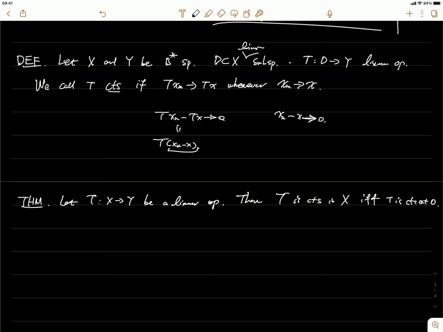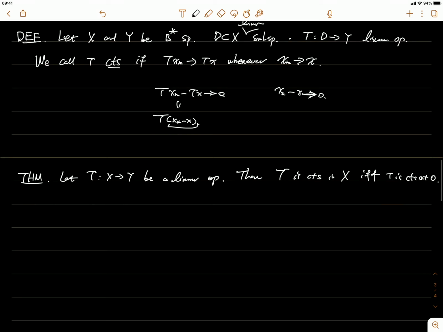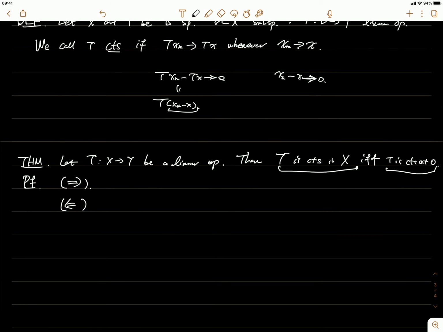Okay, so you can see it's a really strong statement that is equivalent to something that is much easier to check. Apparently this direction is true: if it's continuous everywhere, it must be continuous at 0. But for the other direction, it's just because of the thing I mentioned.